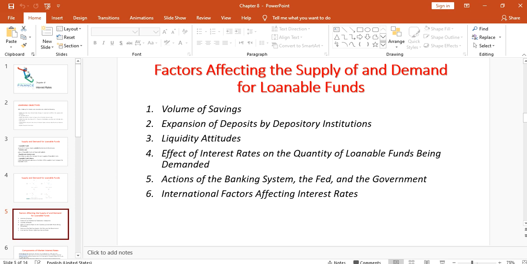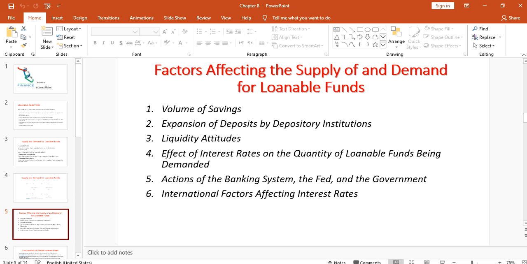So how much savings are there in the market? How much individuals are saving? How much companies are saving? And we know that the saving goes to the financial market, and savers will move their money to the borrowers or to the sellers of the bonds.